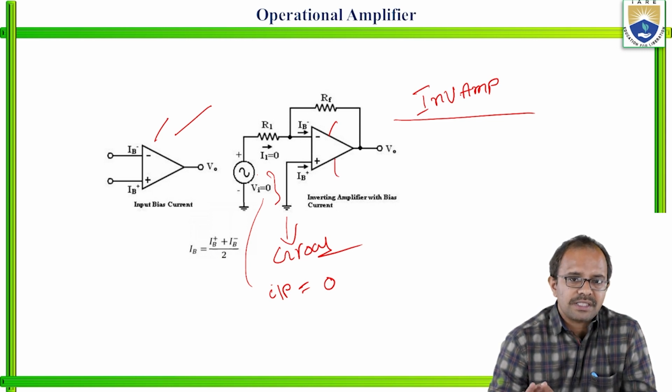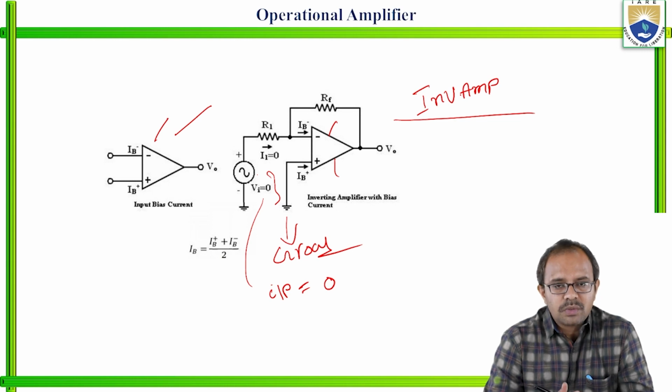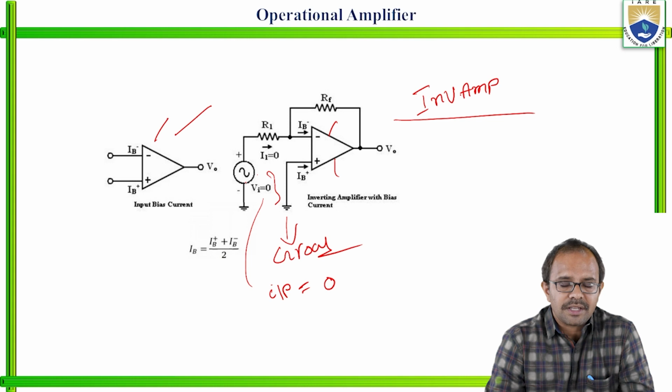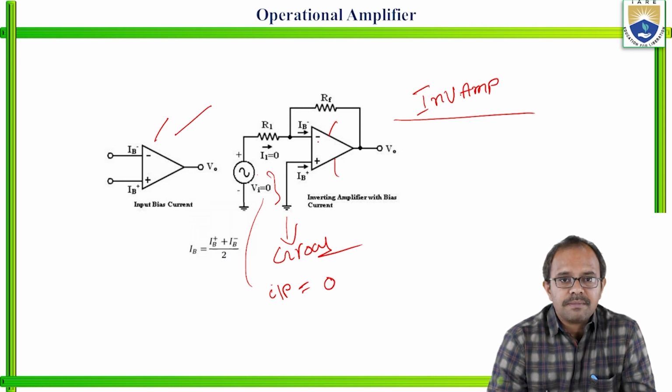VCC and VE are still available. I am talking about the input, not the bias. Because of this input, there will be an active bias current across the inverting input terminal, that is called IB minus, right?